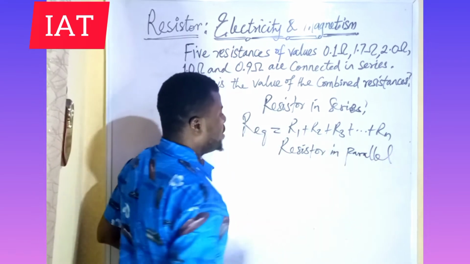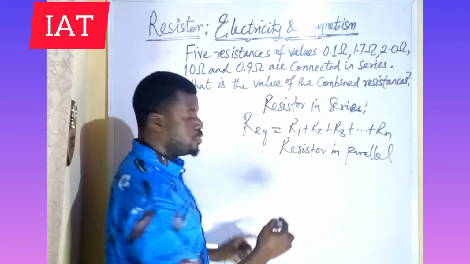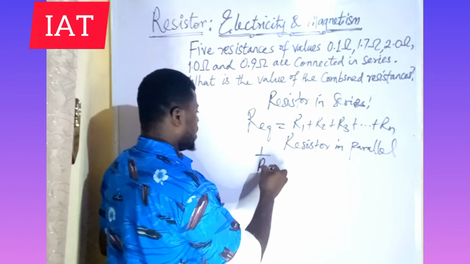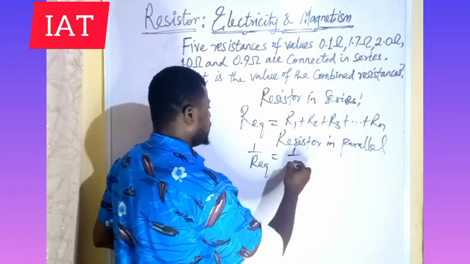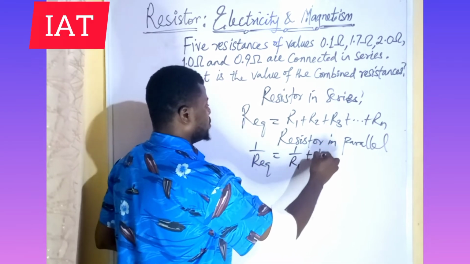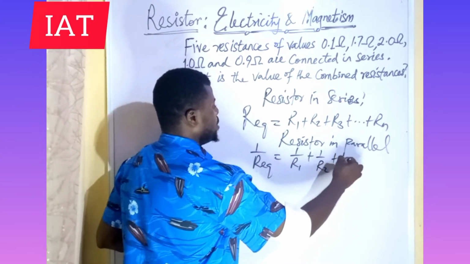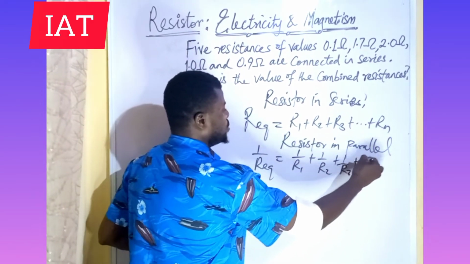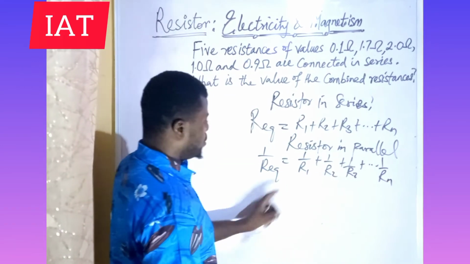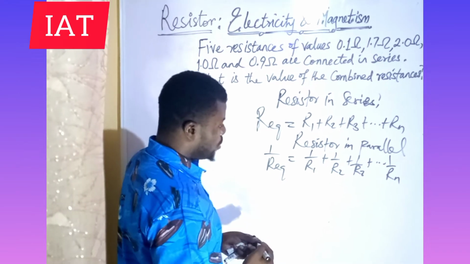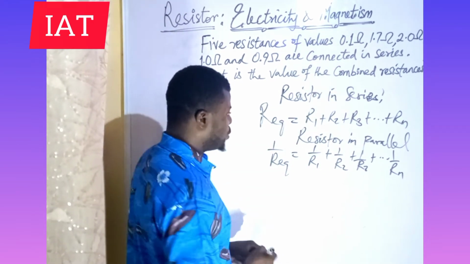Resistor connected in parallel has its formula to be 1 over the equivalent resistance equals 1 over R1 plus 1 over R2 plus 1 over R3 plus 1 over Rn, depending on the total number of resistors given in the particular question.